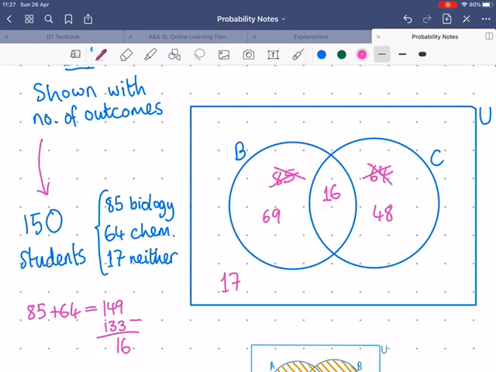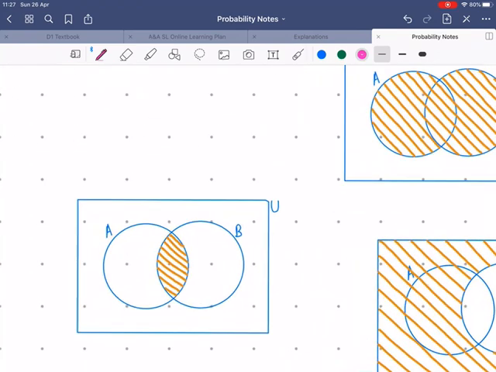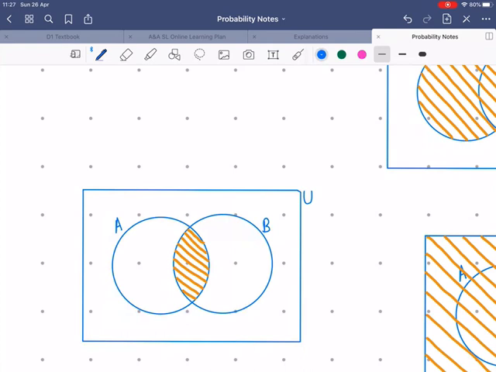So that was when we just wrote the number of outcomes in each region. Sometimes we might just shade a region as well if we're referring to certain overlaps or combinations of events. And this is a good time to see some actual proper terminology and notation.